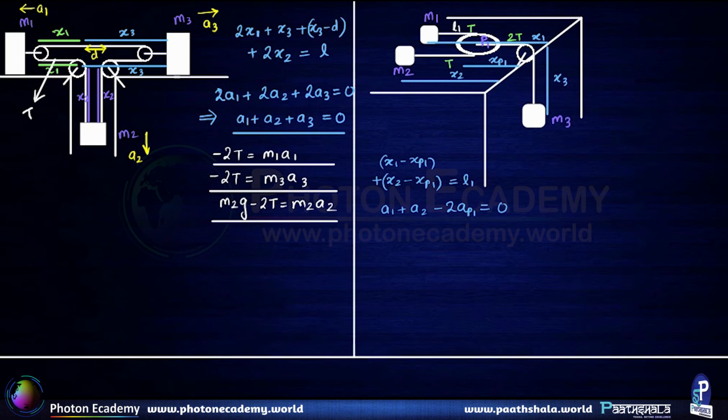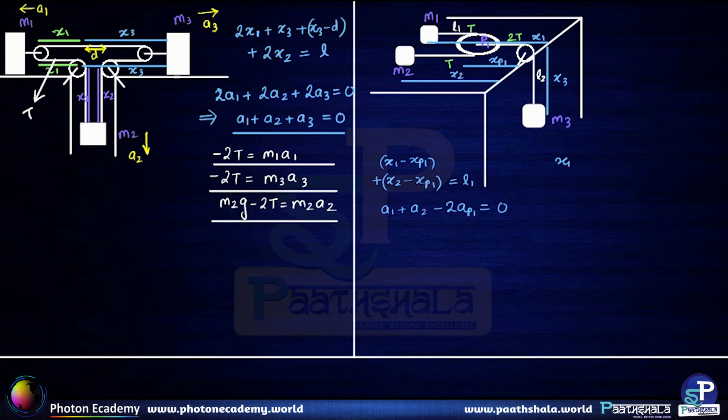For the string L2, it is pretty obvious that xp1 plus x3 is the length of string L2. So xp1 plus x3 is equal to L2. On double differentiating, we get ap1 plus a3 is equal to 0.